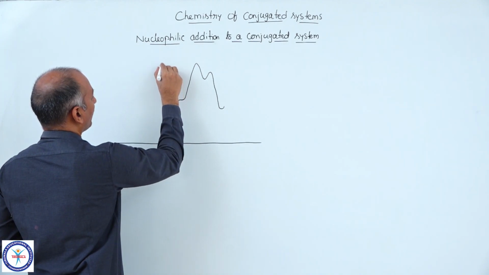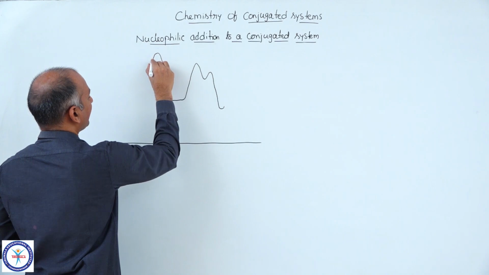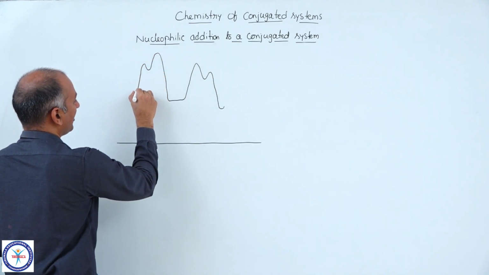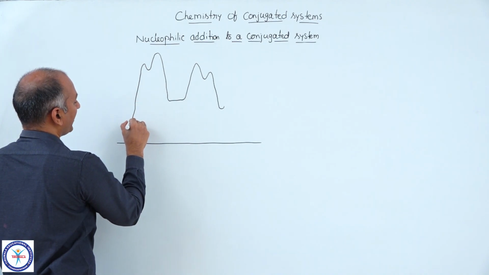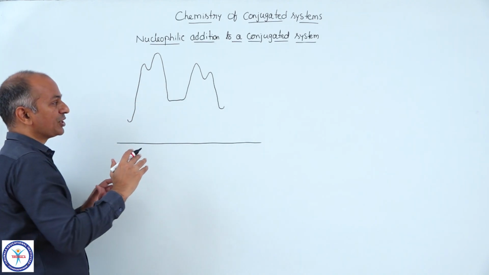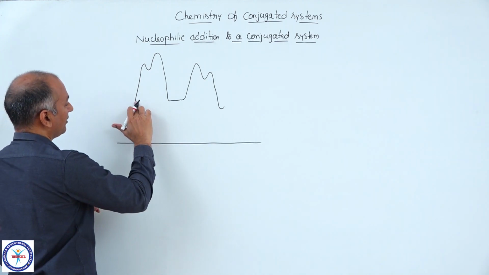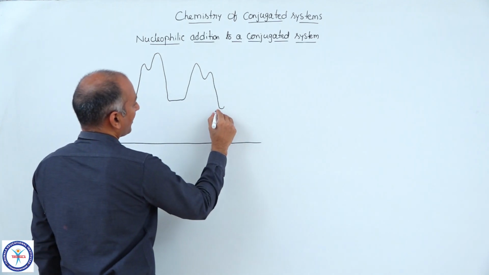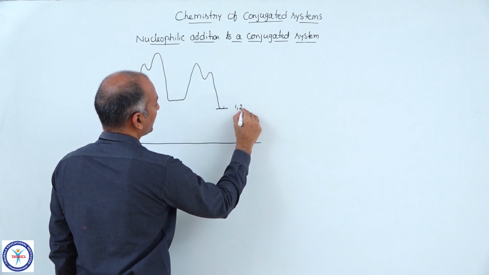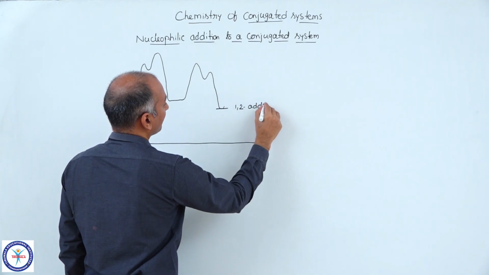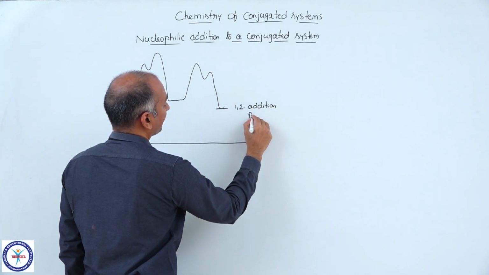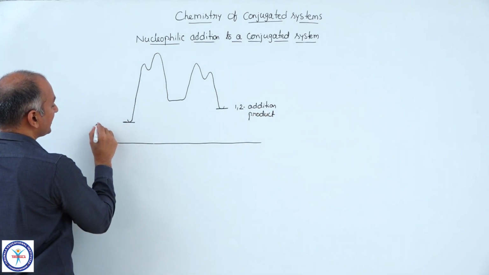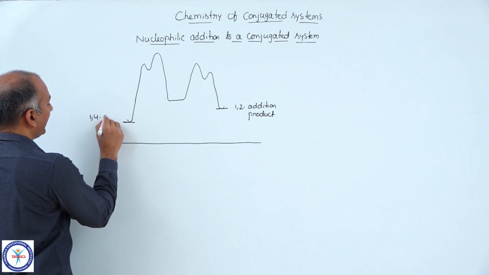Now if we come to the other path, that is 1,4. You know, the 1,4 addition path involves higher activation energy, but that is also an exothermic reaction. The 1,4 addition product is more stable. So this is the path. So this is the 1,2 addition product, and this is the 1,4 addition product.